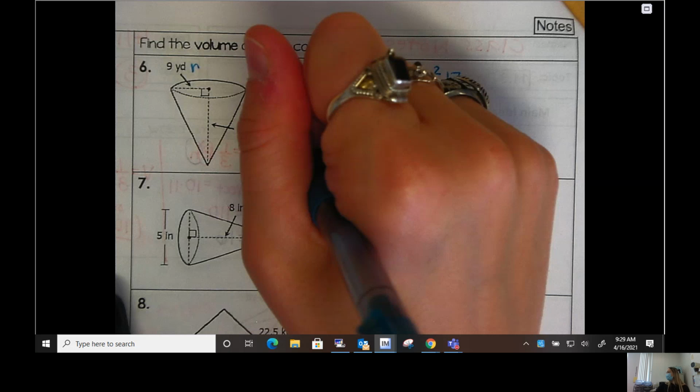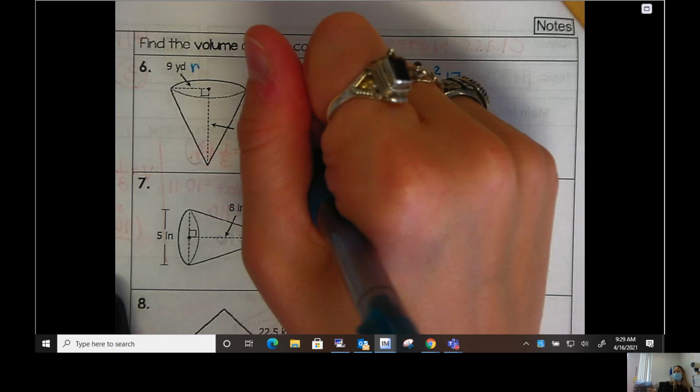Good job. Now, I'm going to round that. You could put 99, but because it's .99, I'm just going to round it to 1,442 because it's so close. 1,442. And then what should be my label? Yards cubed. Yards cubed. Easy peasy, right?